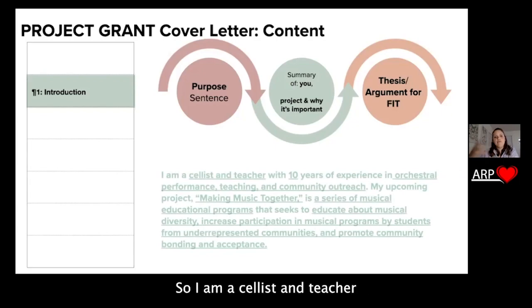And then the summary of you and the project might look something like this. I am a cellist and teacher with 10 years of experience in orchestral performance, teaching, and community outreach. My upcoming project, Making Music Together, is a series of musical educational programs that seek to educate about musical diversity, increase participation in musical programs by students from underrepresented communities, and promote community bonding and acceptance.